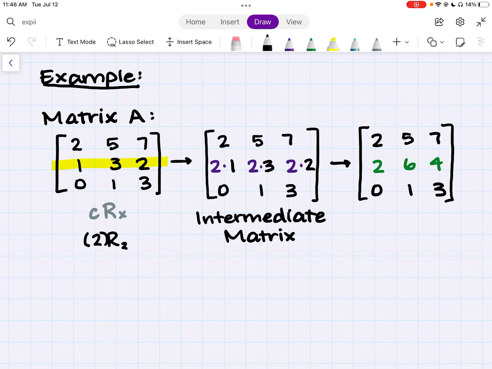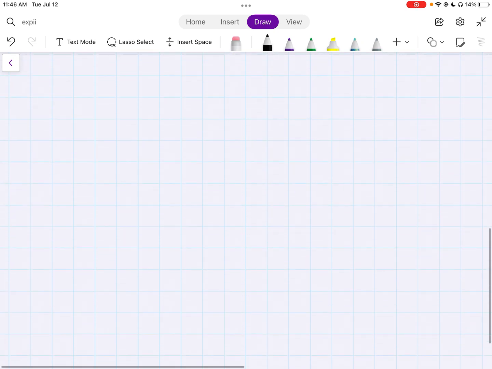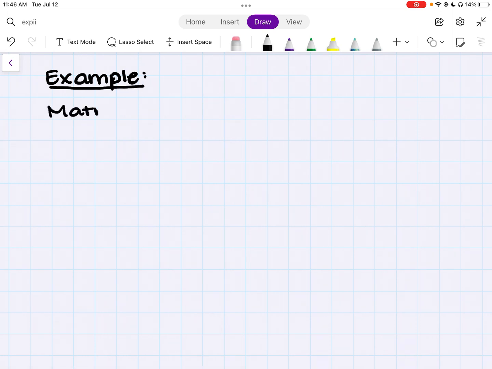And so we will go through a second example. Say we are given the matrix F. This is matrix F. Let's say matrix F is a 2 by 2 matrix. So let's say it is 1, 7, 9, and 3.